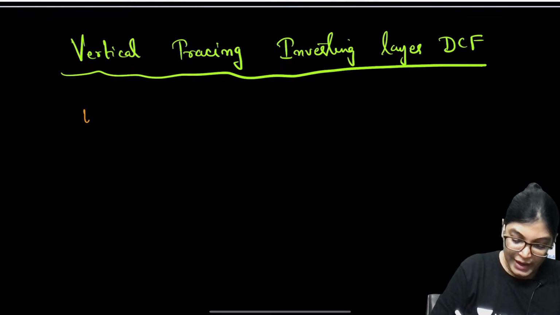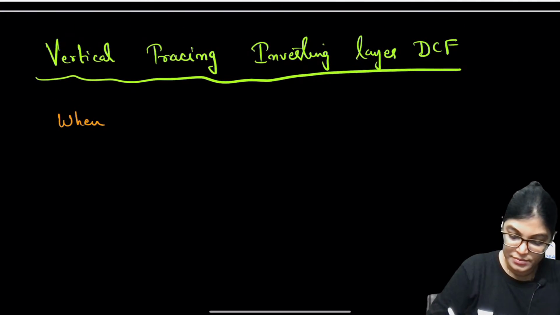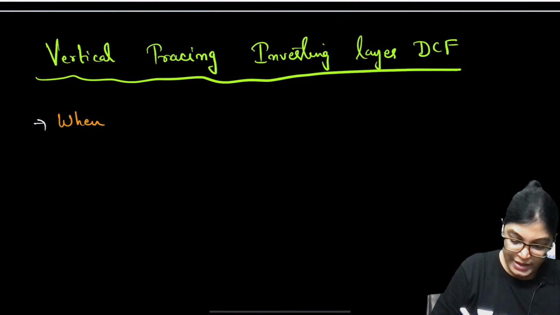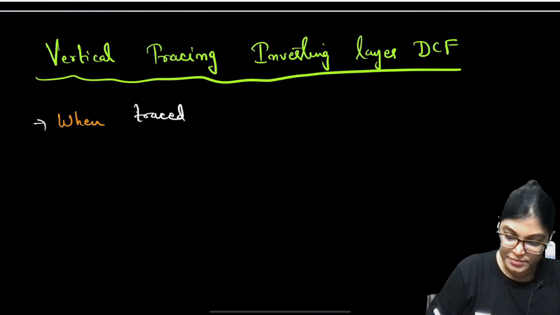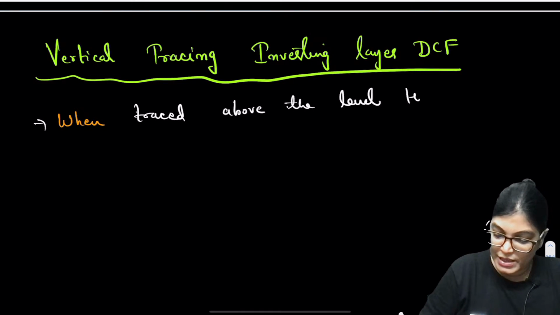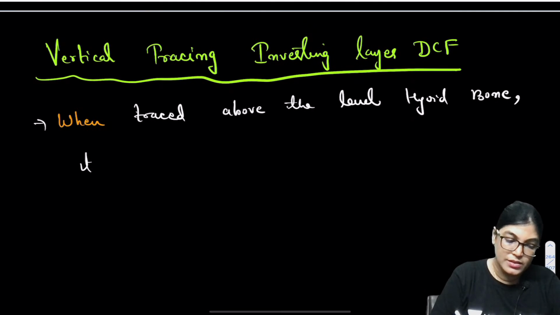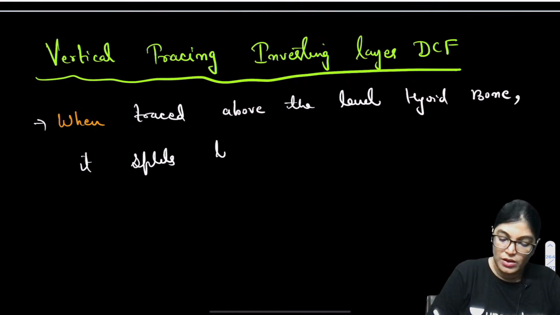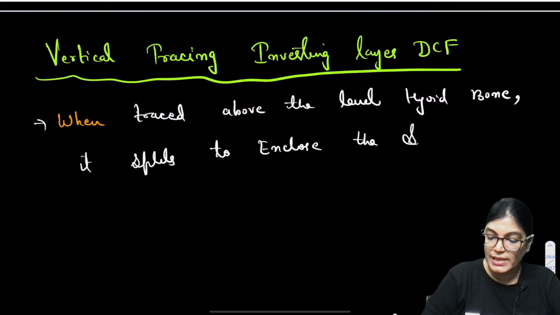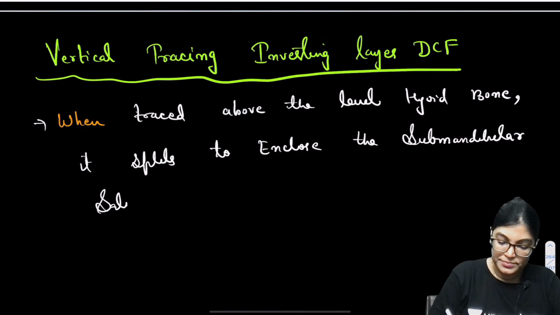Vertical tracing. So, when traced above the level of hyoid bone, it splits to enclose the submandibular salivary gland.